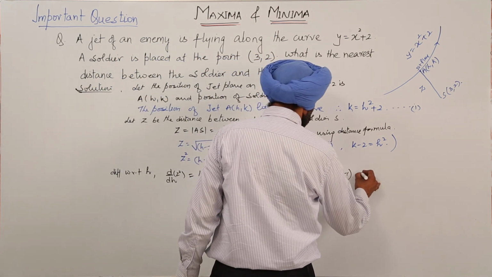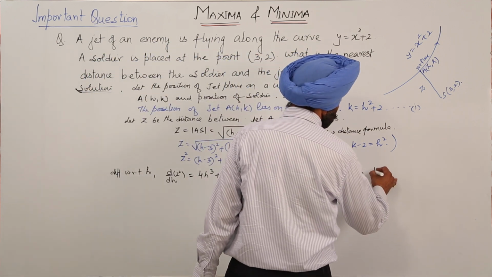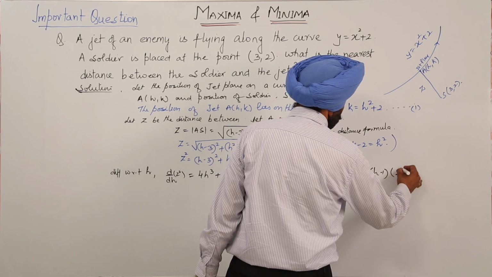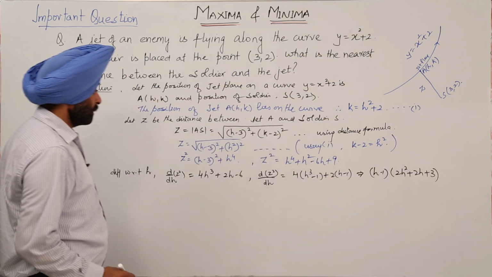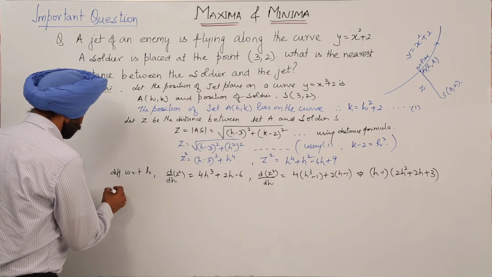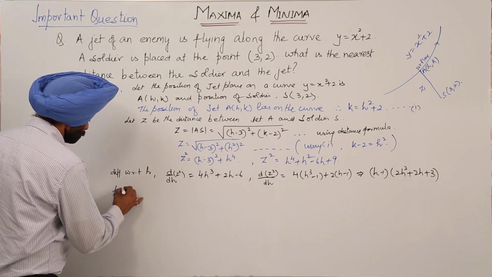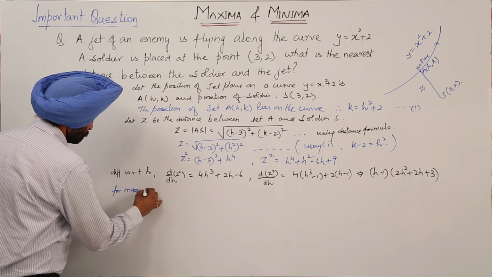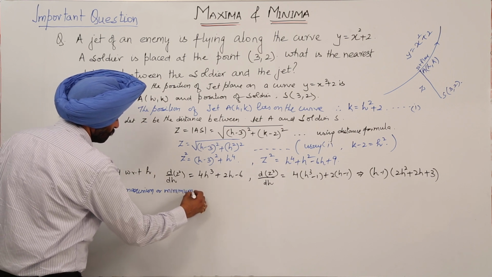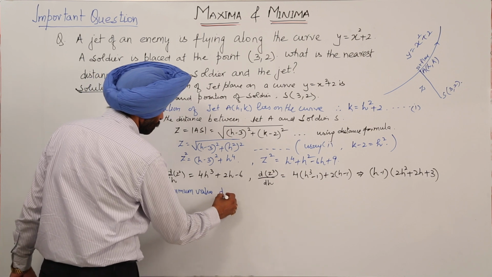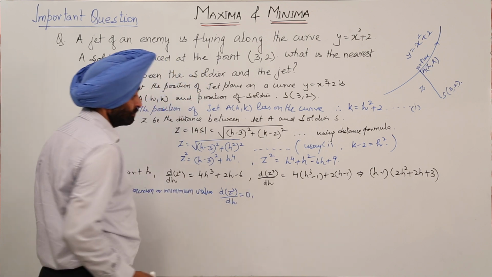And again this part we can write as (h minus 1) with (2h square plus 2h plus 3). Now for maximum or minimum value, d(z square) upon dh is equal to 0.